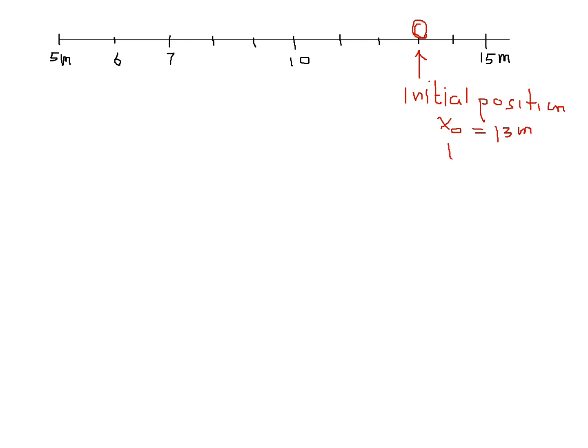And let's say the initial time, t naught, is 5 seconds. After some time interval, this object moves to this location. Now it's here. This is your final position.